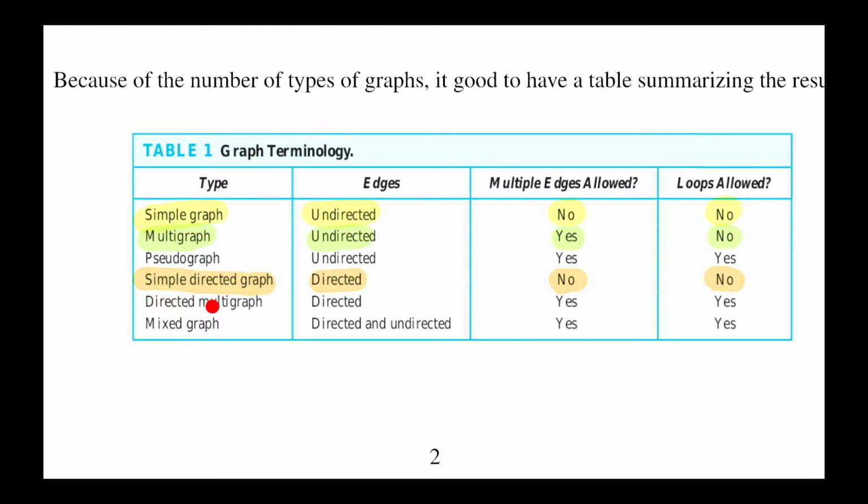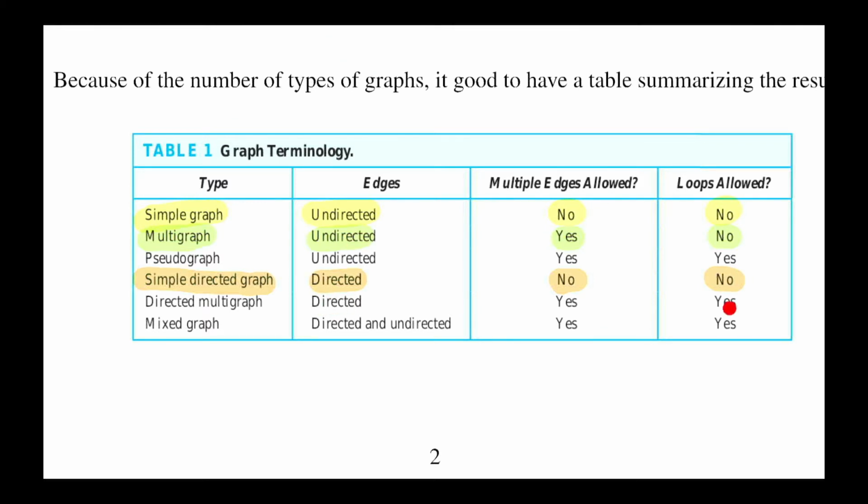Now, it seems that a directed multigraph would just be a multigraph with directed edges, which means that you think the only difference would be that multigraph is undirected and directed multigraph is directed.